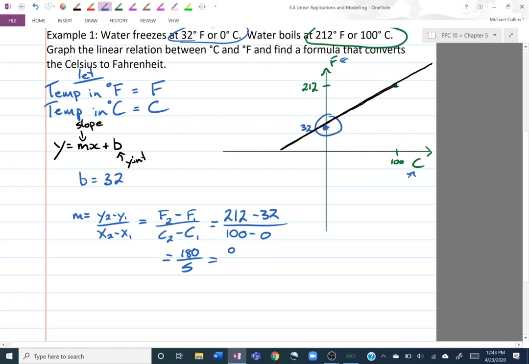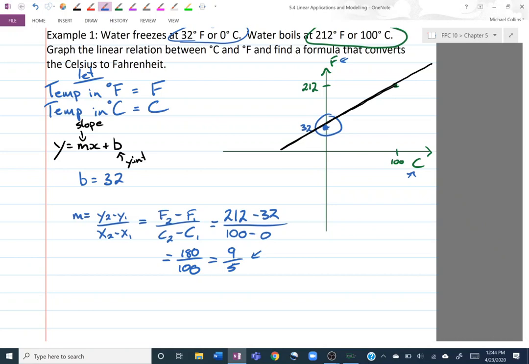Sorry, this was 180, I've made a mistake back here. 180 over 100. Notice how we might have to do some mental math here if we're asking for slopes as fractions. You can't just necessarily plug everything into a calculator. So you might need a pretty solid understanding of what's going on, even though you might still be getting asked online multiple choice questions.